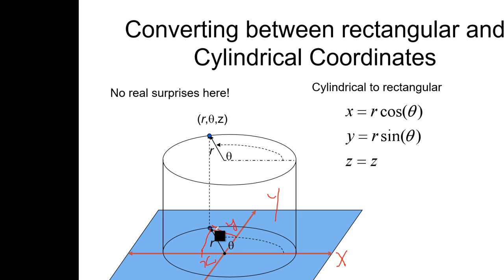So using this r and x, as this is theta, x is equal to r cos theta. So cos theta is equal to x by r. Sin theta is y by r, so y is r sin theta, and z is also z, because in three dimensions, this is the z axis.